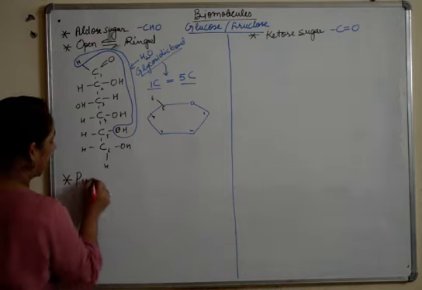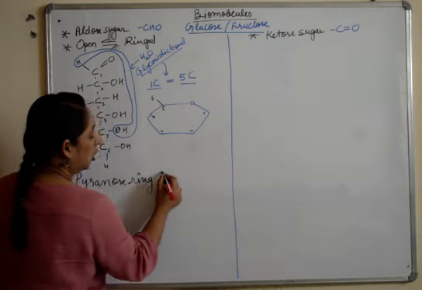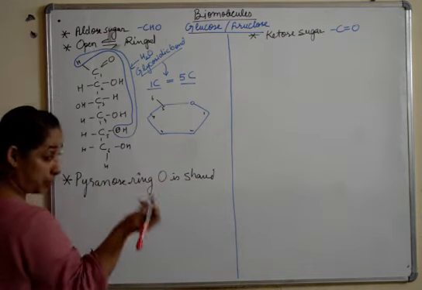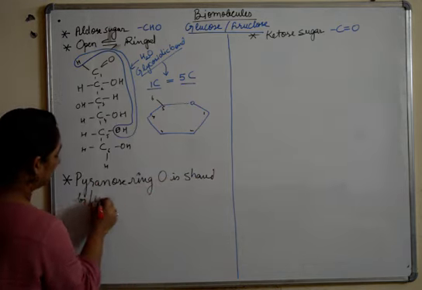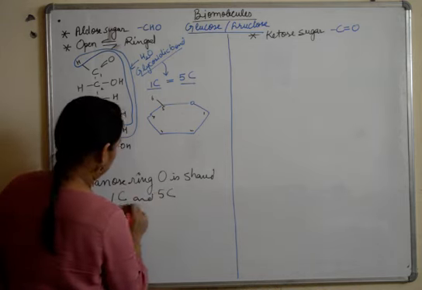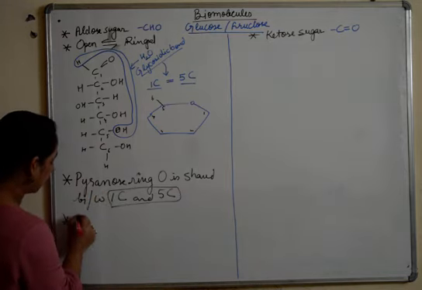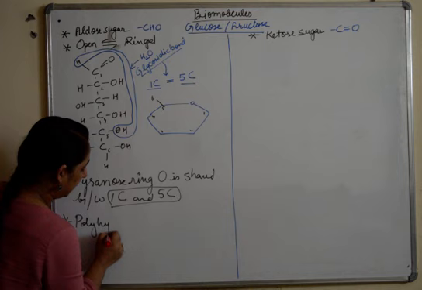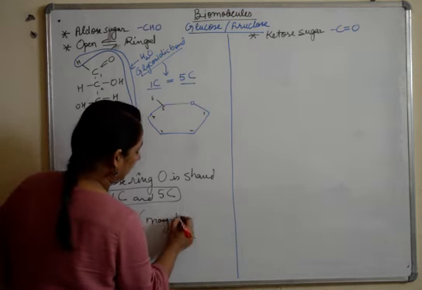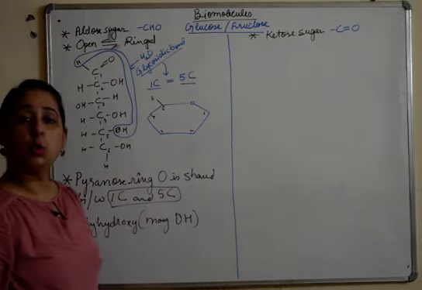It's known as a pyranose ring, because oxygen is shared, or the bond is formed, between the first carbon and the fifth carbon. It's also known as polyhydroxy because of the many OH groups present in it. So this is about the glucose molecule.